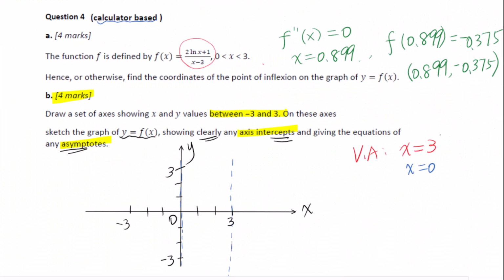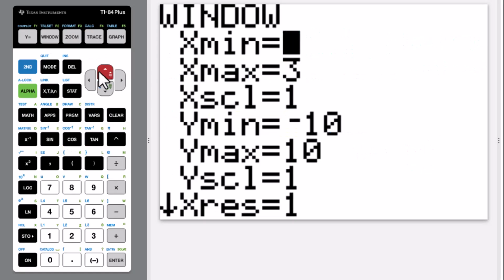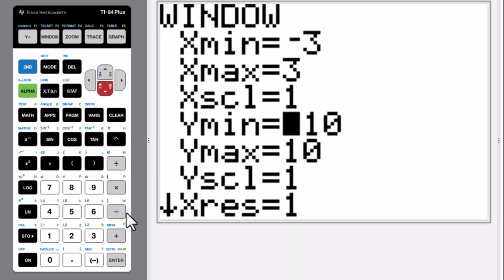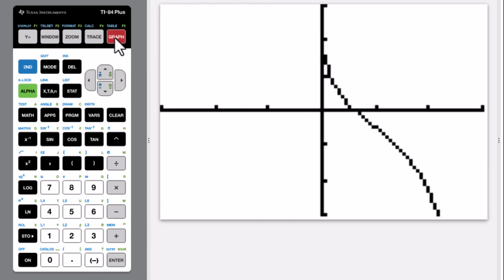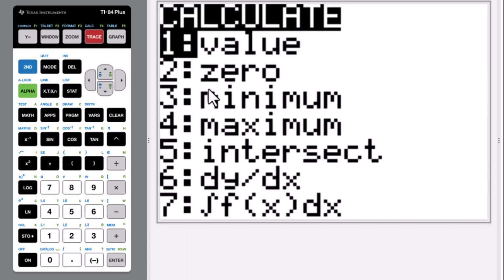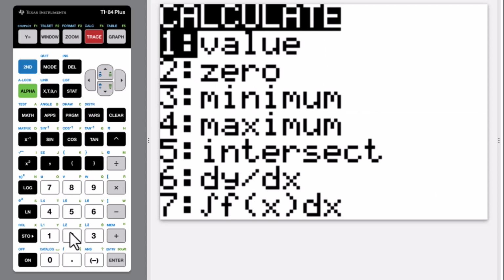Let's go to graph to figure out the intercepts. Don't forget to change the window. X minimum this time is negative 3, maximum 3, scale 1. Y minimum is negative 3, maximum is 3, scale is 1. Then graph. Then second trace to figure out the zero.